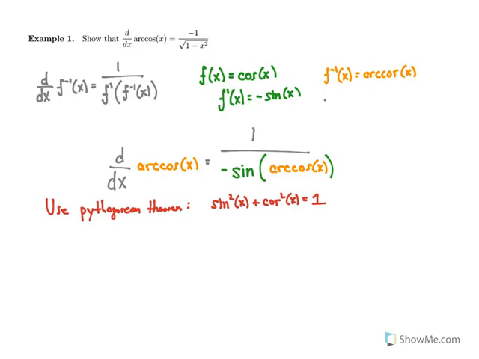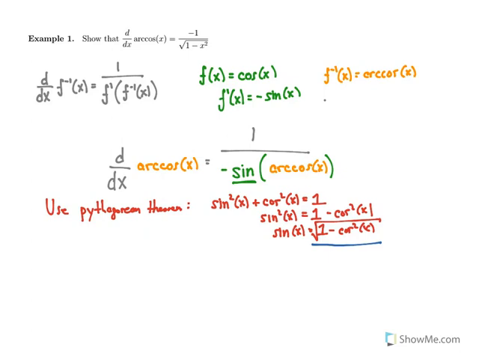In particular, we're going to write that sine squared equals 1 minus cosine squared, and sine is equal to square root of 1 minus cosine squared. So I'm going to replace sine of something with square root of 1 minus cosine squared of something.